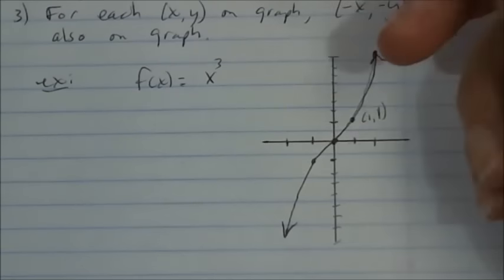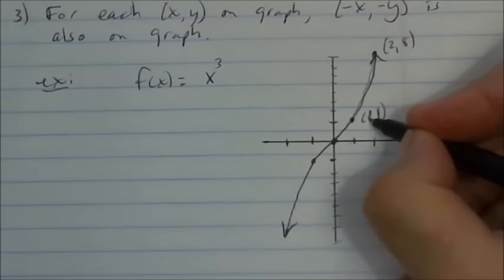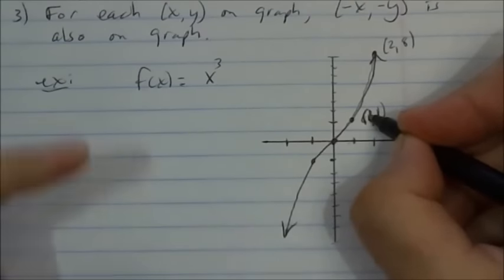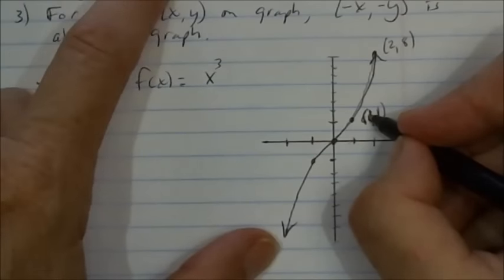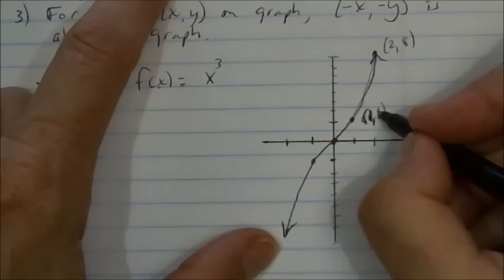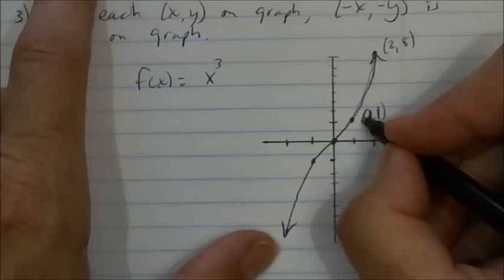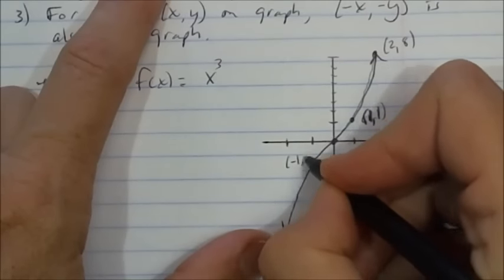And you can see that if you have an input of +1 and you change that to f of -1, f of -1 is equal to negative f of 1. Well, if x is 1, f of x is 1. If x is -1, f of x is -1.